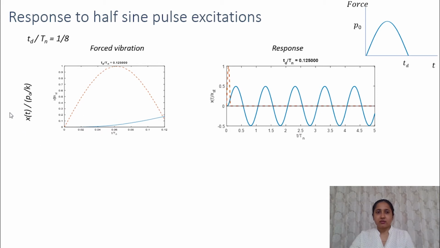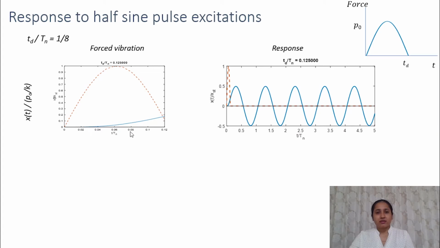This is the normalized response, that is, the dynamic response x(t) divided by the static response amplitude, P0 by K. The red dotted line indicates the static response, that would be the harmonic force divided by K. It will have the shape of the harmonic force, but the amplitude will be P0 by K, so in this normalized curve the amplitude will be 1. The blue line is the dynamic response.